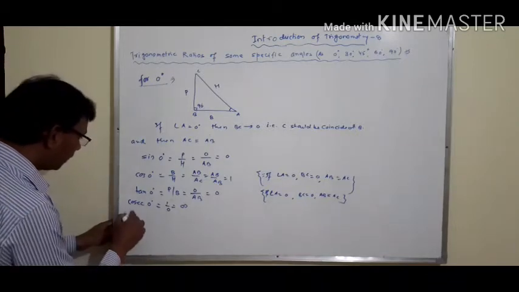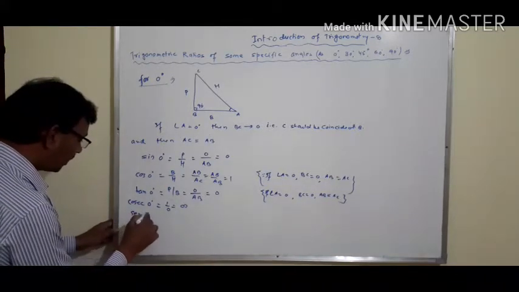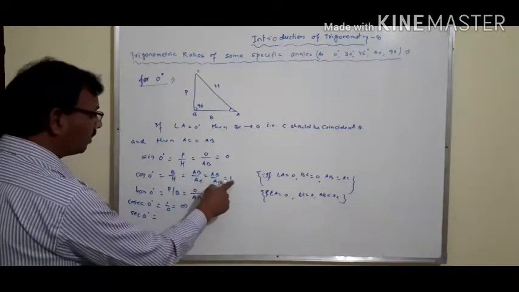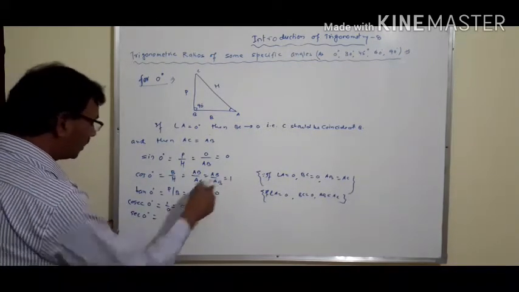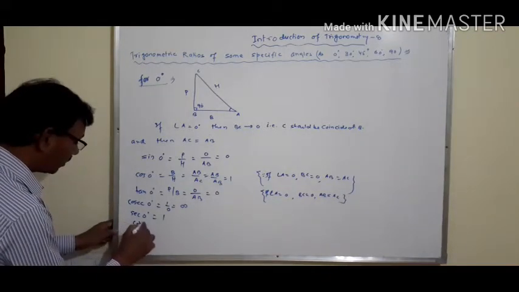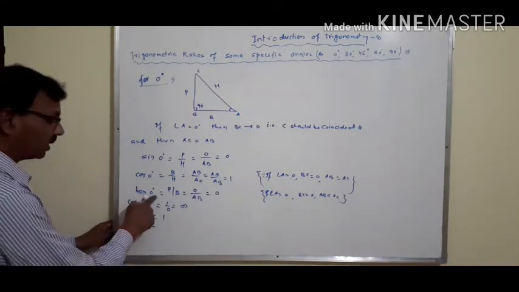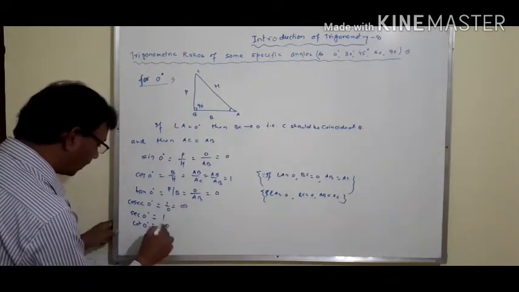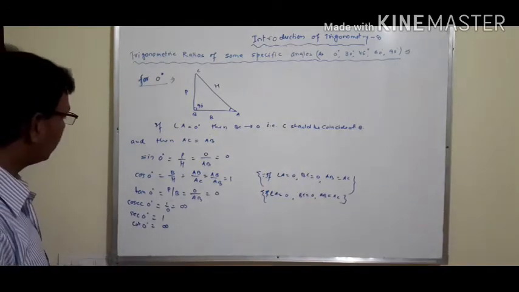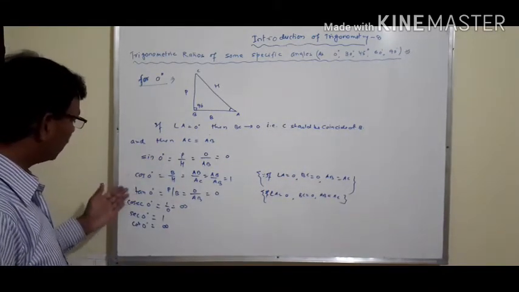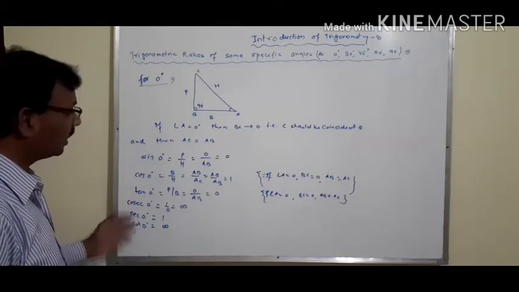Sec of 0 equals reciprocal of cos of 0, that means reciprocal of 1, which is also 1. Cot of 0 means reciprocal of tan of 0, and reciprocal of 0 is also infinite. Now we have found sin 0, cos 0, tan 0, cosec 0, sec 0 and cot 0.